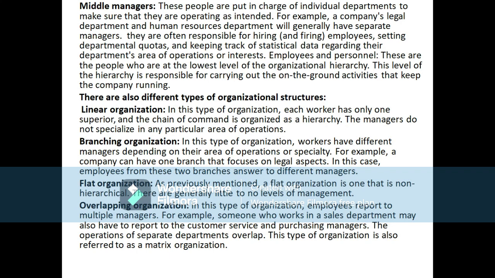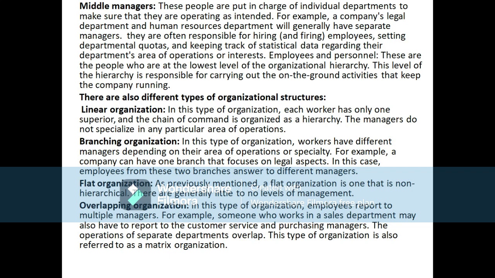HR relates basically to the employees, so the recruitment process, training and development process, and the employee hiring and firing process. Everything is done under the HRD department, and data regarding their department's area of operations is all seen in these departments.